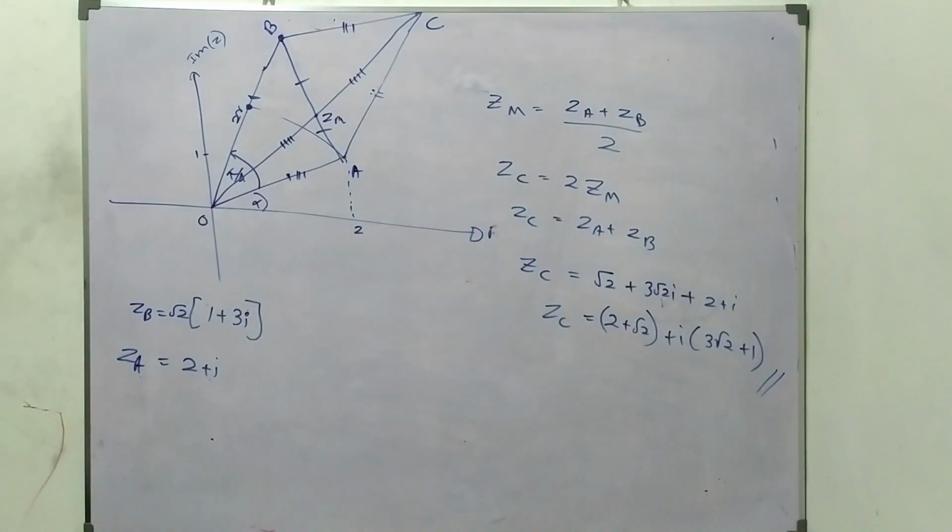Thank you very much for being with us. We continued our complex number through 7 videos. Thank you very much for being with us and for your comments. Most of the students commented, so thank you very much for that.